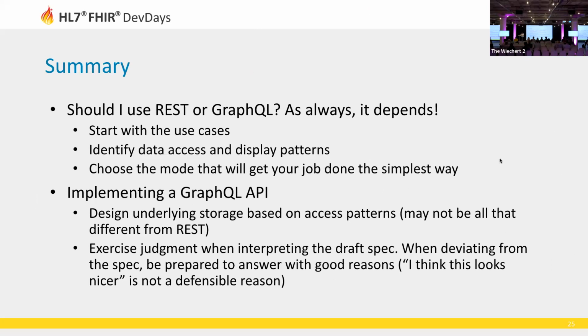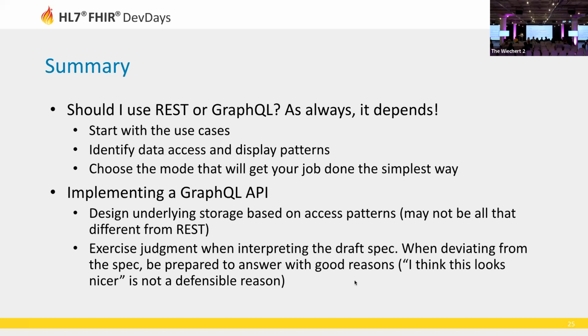And if you decide to go down the path of actually implementing a GraphQL API, how to choose your tools is dependent on your own use case and your own situation. And if you want to implement the GraphQL with FHIR spec, just remember that it's in draft. There are some things that are not that well documented, but exercise judgment. You don't have to do what we did, but if you do, let me know. I would be very interested.